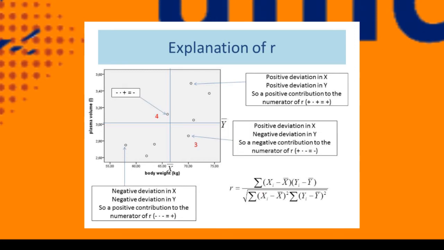For man number 3 and man number 4, the contributions to the numerator are both negative, since negative times positive is negative. By summing up all these cross products, we can see if there is a positive or negative relationship between x and y. The denominator of r is used for standardization. Pearson's r is independent of the units used.